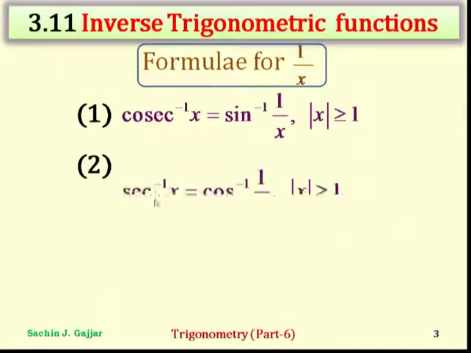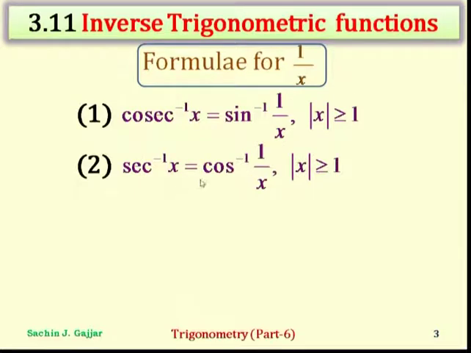Second one is sec inverse x equal to cos inverse 1 upon x. The condition is the same, mod x greater than or equal to 1. So here, sec inverse 3 is equal to cos inverse 1 by 3.